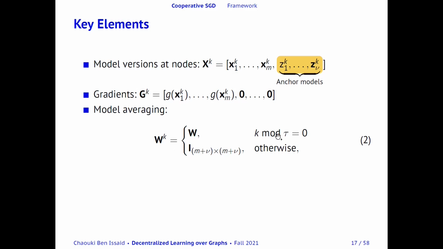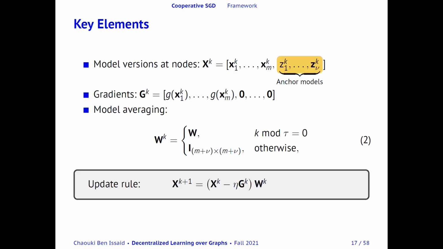Only when k mod tau equals 0, that is, every tau steps, the nodes exchange information with their neighbors using the mixing matrix W. Finally, the update rule is given as follows. X_{k+1} is equal to the difference between X_k and eta G_k, where eta here is the learning rate, times the mixing matrix W_k.